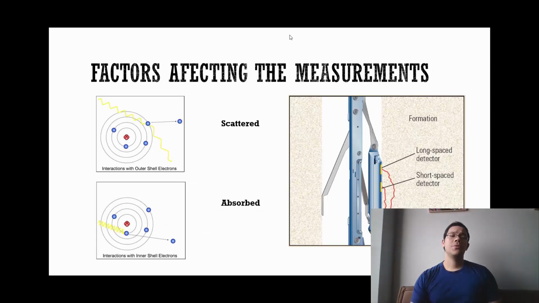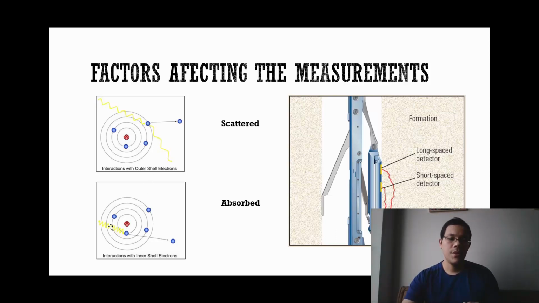To understand these measurements, we must consider two keywords: scatter gamma rays and absorb gamma rays. Once those gamma rays leave the radioactive chemical source, they will start interacting with the atoms in the formation. Some gamma rays will collide with electrons and lose some energy.